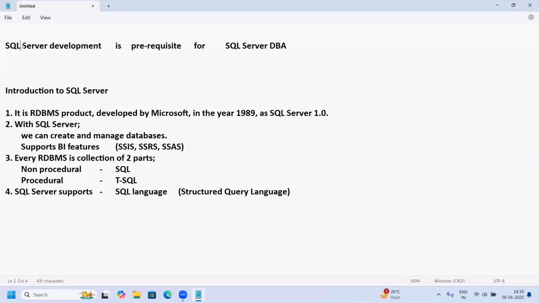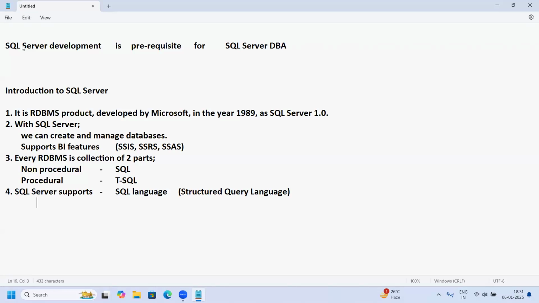But whatever you learn in development will apply in DBA. Does SQL Server support SQL? 100%, no doubt.